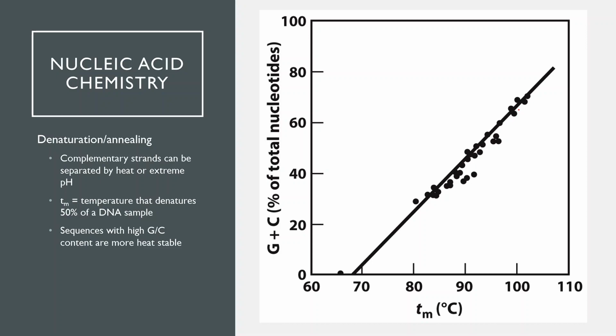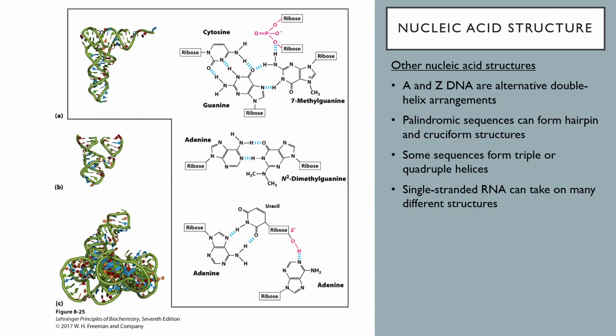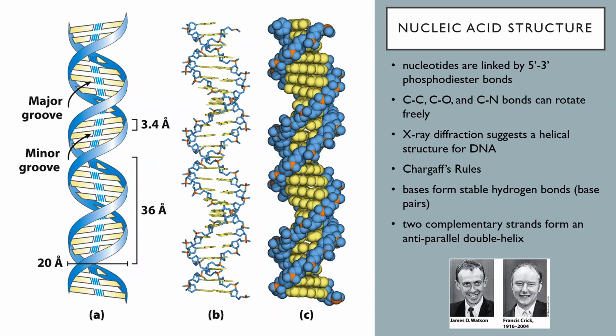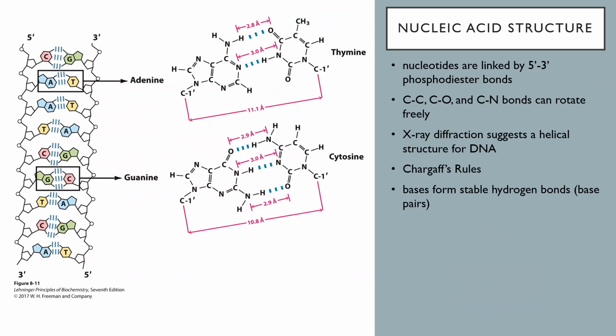So why would the nature of the bases affect the melting temperature? The answer to that question is, if you remember the way that the bases pair up, remember that an AT base pair consists of two hydrogen bonds, whereas a GC base pair consists of three hydrogen bonds, which means a GC base pair is 50% stronger than an AT base pair.